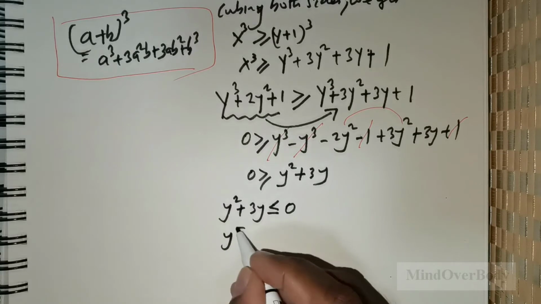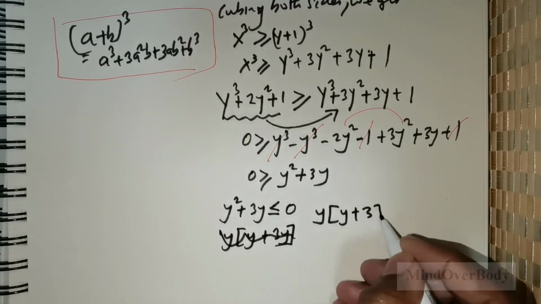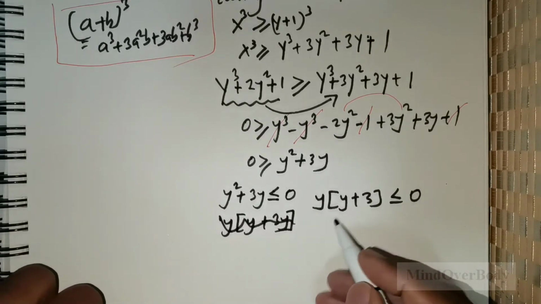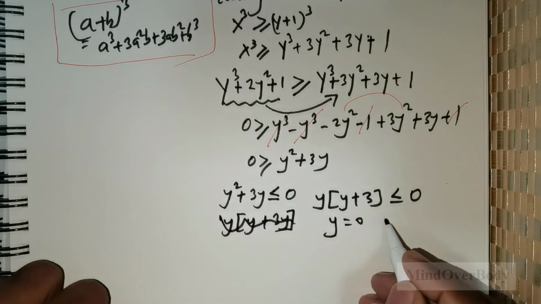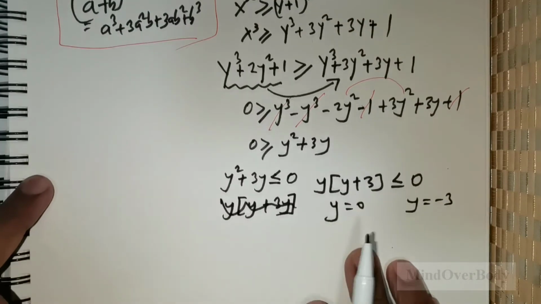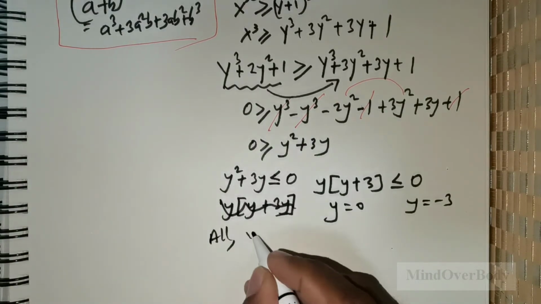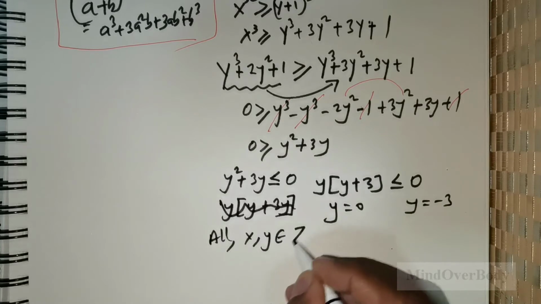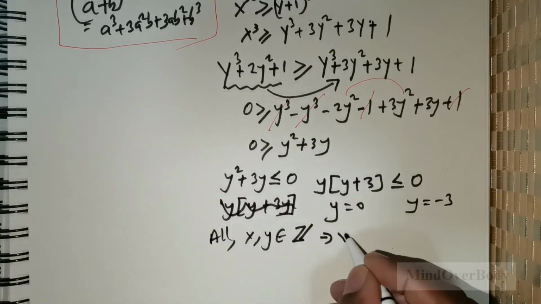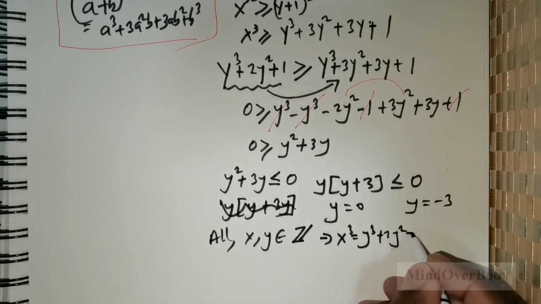From here, taking y out, y times (y plus 3) is less than or equal to 0. Clearly y equal to 0 will be a solution and y equal to -3 will be another solution, but we are looking for all x and y, elements of the integers, such that x cubed is equal to y cubed plus 2y squared plus 1.